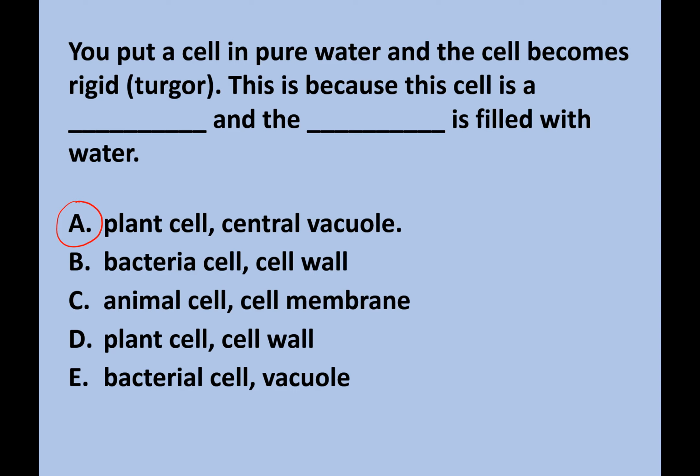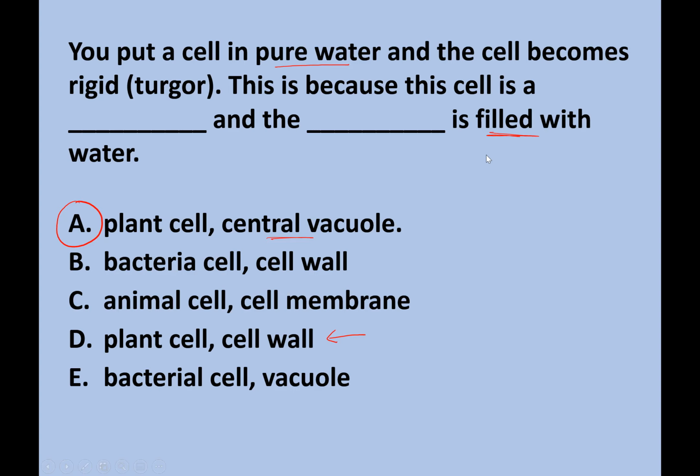So remember that plant cells like to be extra full. Pure water would lyse an animal cell. And yes, plant cells have a cell wall, but the cell wall is not what is filled with water. The cell wall definitely helps the plant stand up and be in that rigid or turgor state, but it's the central vacuole that's filled with the water.